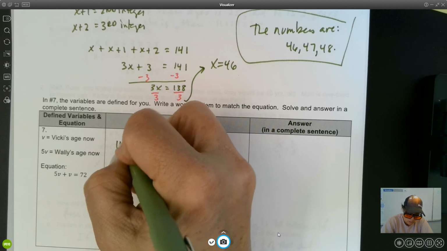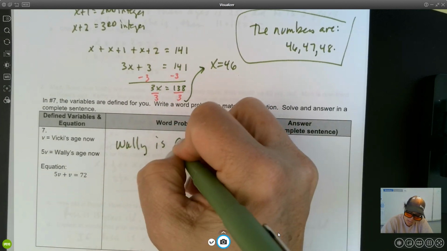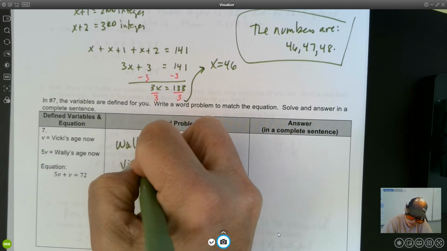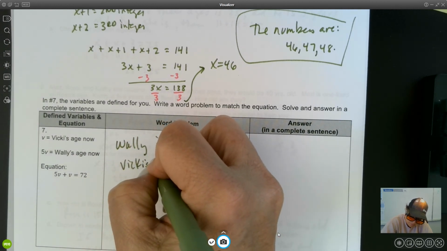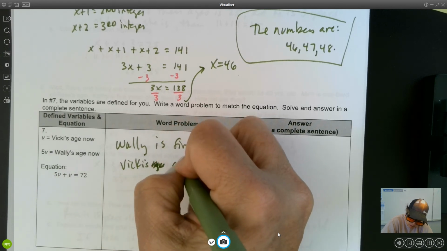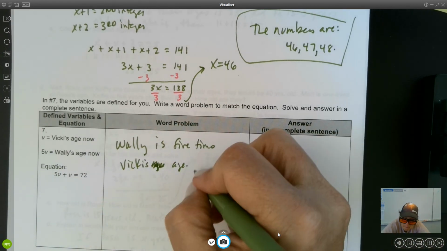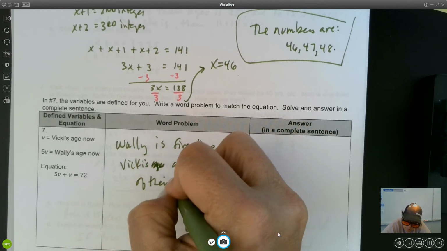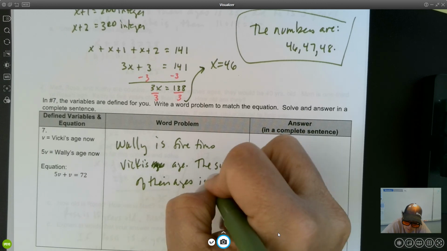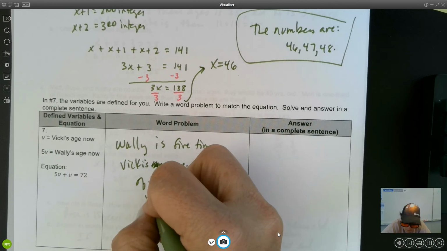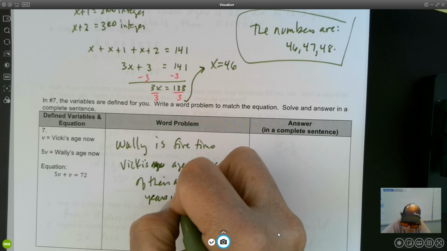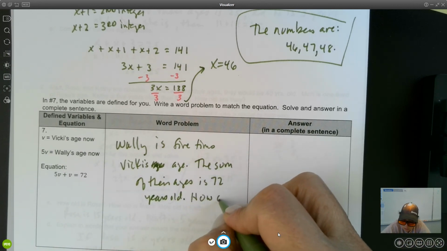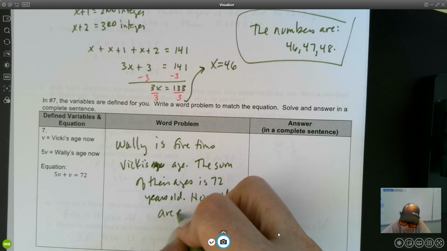All right, so Wally is 5 times Vicky's age. The sum of their ages is 72 years old. How old are each?